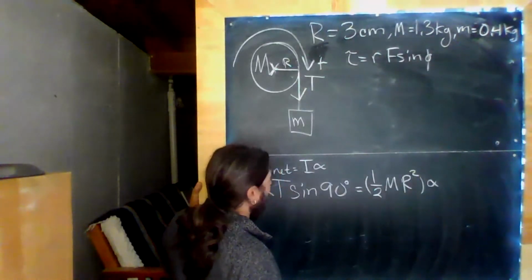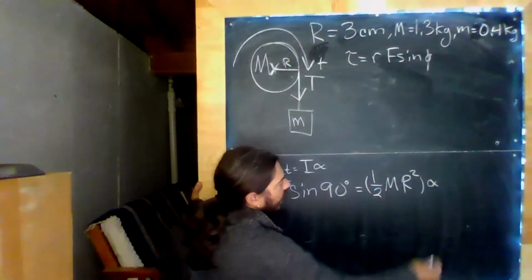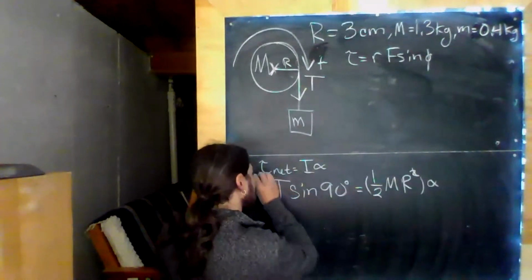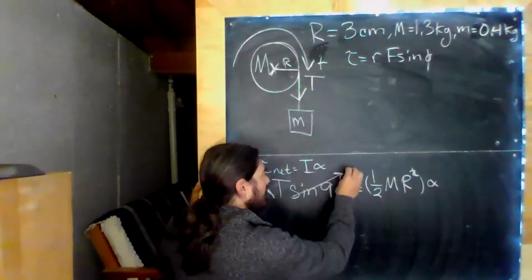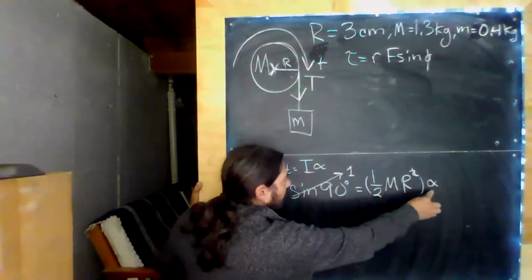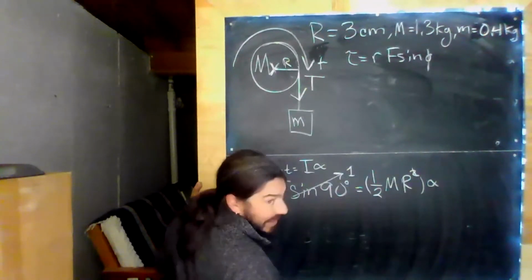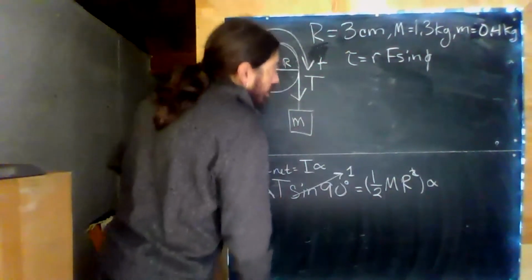Well, right away, we can see some simplification, right? One of my R's cancels. Sine of 90 is 1. How about alpha? Let's remember our constraints for pulleys and ropes.